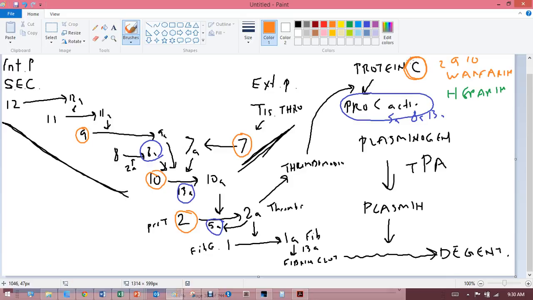Okay, so 2, 7, 9, 10, and C. That's all affected by warfarin. And heparin takes its effect on 9A, 10A, and 2A. So 9A, 10A, 2A. So that's a lot of numbers to remember, a lot of things to remember.